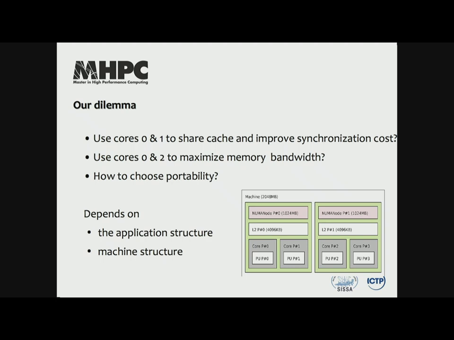So if you are doing a stream, it's much better to do this, one here and one here, because in this way you can exploit the two caches in a completely independent way, and you don't have any conflict on this core.